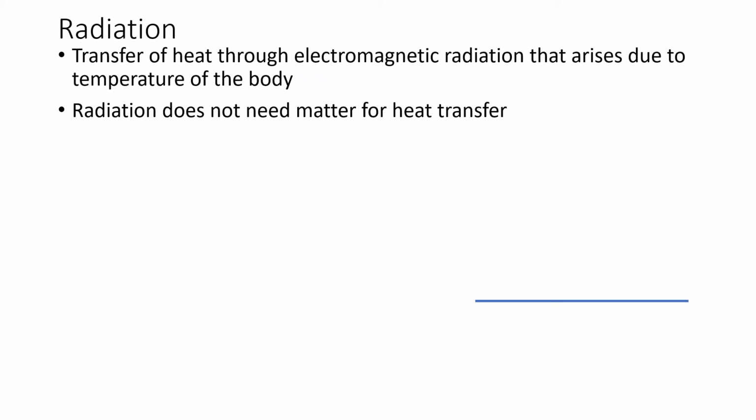Okay, moving on to the third mode of heat transfer, which is radiation. So what is radiation? Radiation is the transfer of heat through electromagnetic radiations that arise due to temperature of the body. So notice the difference between the definition of radiation and convection or conduction. For convection or conduction, we needed a temperature difference between 2 points or within a system.